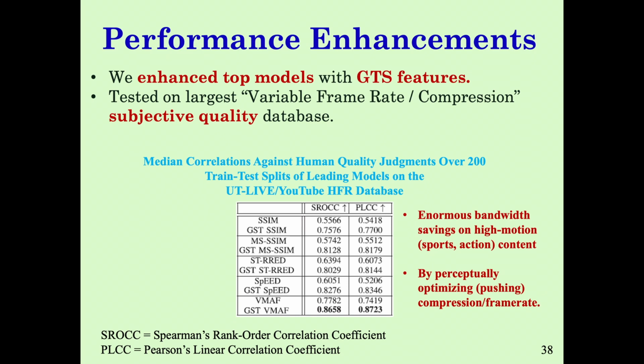Even for VMAF, we get about a 0.1. Anytime you get a 0.1 these days in video quality model upgrades, it's gigantic when we're usually going for 0.01. So this is very significant, and every model benefits hugely by the inclusion of the GTS features.